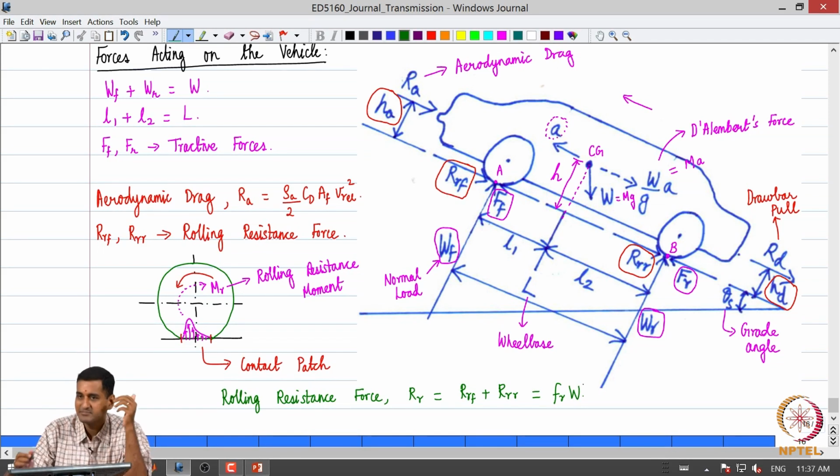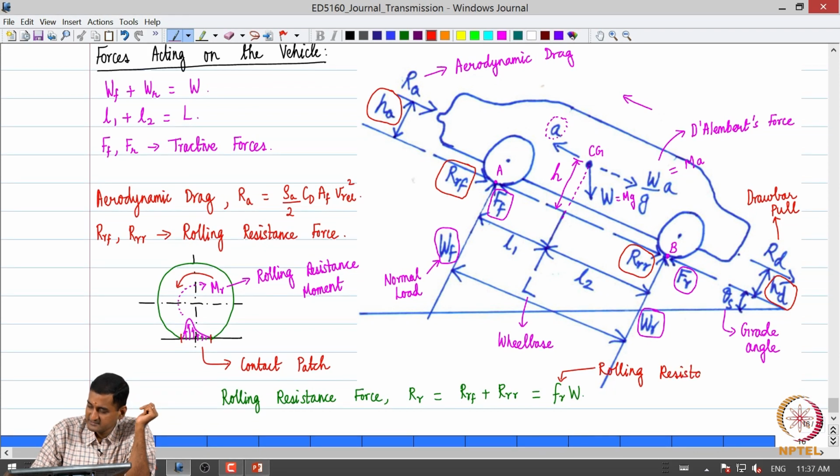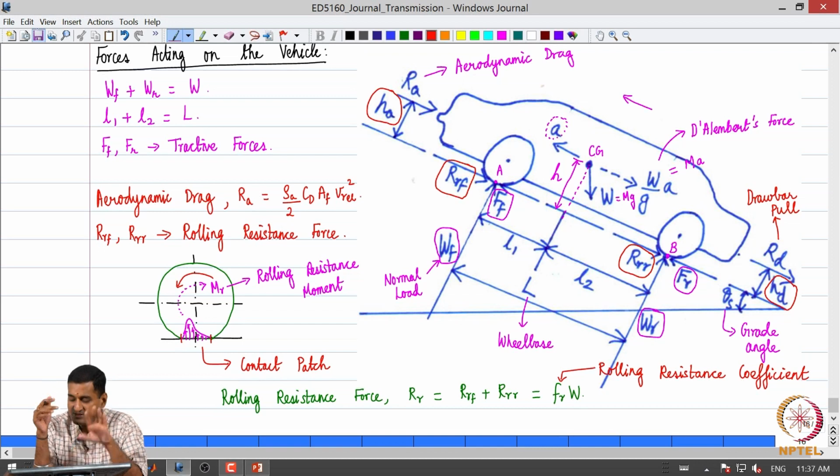For first cut analysis, simple analysis, we assume that the rolling resistance force is directly proportional to the weight of the vehicle, and this coefficient FR is what is called the rolling resistance coefficient, okay. We shall consider it to be constant for our first cut analysis, and we shall express rolling resistance force as the product of the rolling resistance coefficient and the weight of the vehicle, okay.